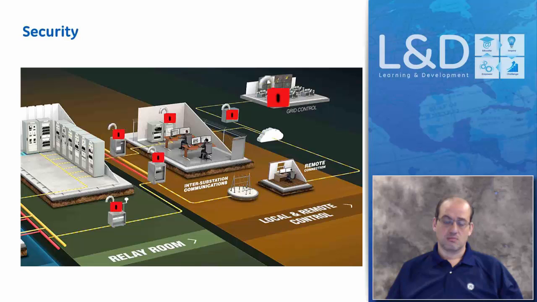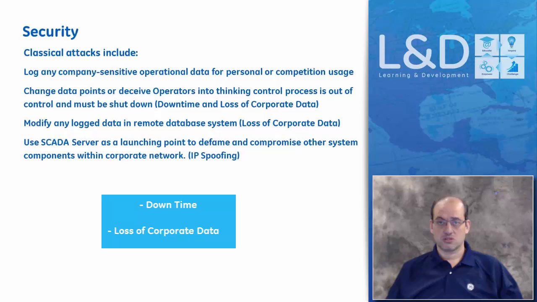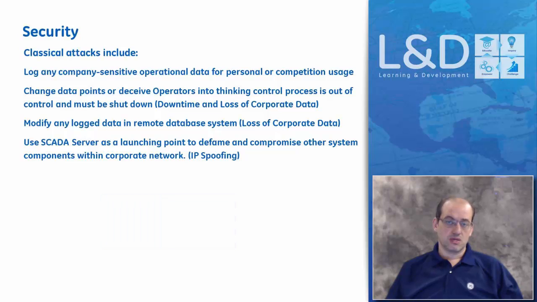So one big part is to avoid the downtime and loss of corporate data. Two things that are important: downtime and loss of corporate data. You are trying everything to make sure that the servers and the data in the servers cannot be compromised, and that the servers don't go into a downtime at the substation. There are many ways to do that.